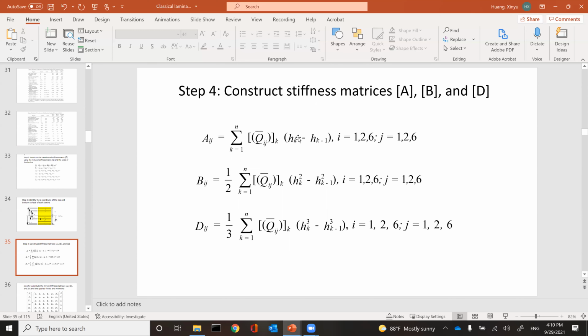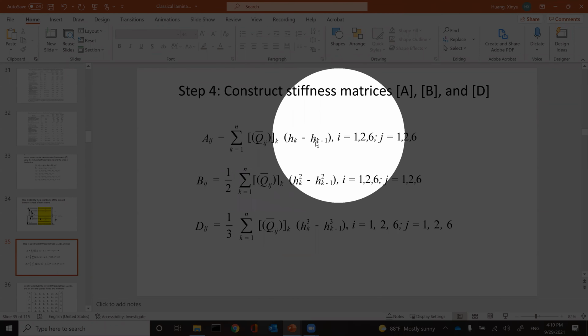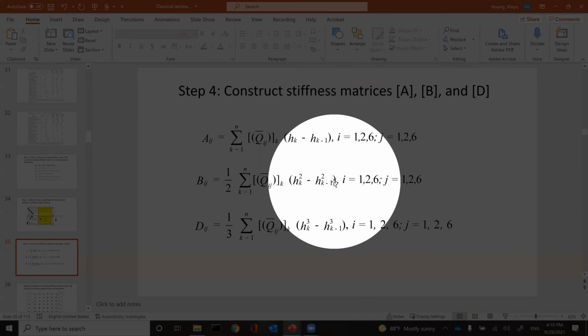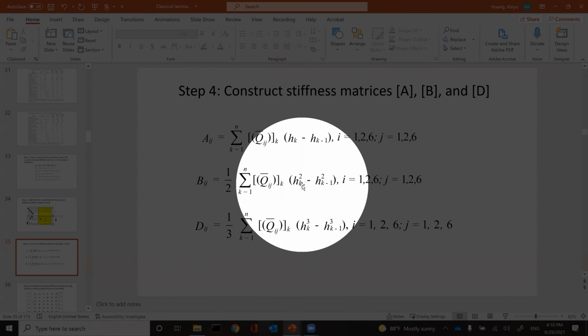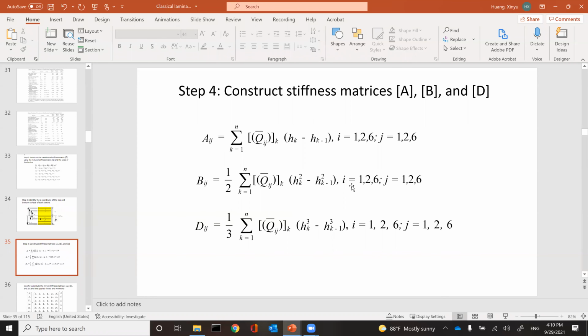Okay. The B matrix is a little more complicated. Your scaling factor is not the thickness anymore. It actually varies depending on where your plies are. It is h_k squared minus h_k minus 1 squared, divided by 2. So depending on the location of the ply, it's actually a different number, even with the same thickness.